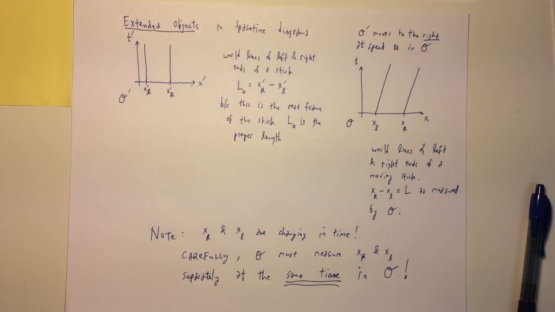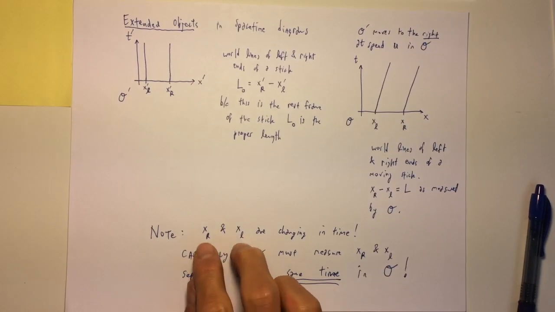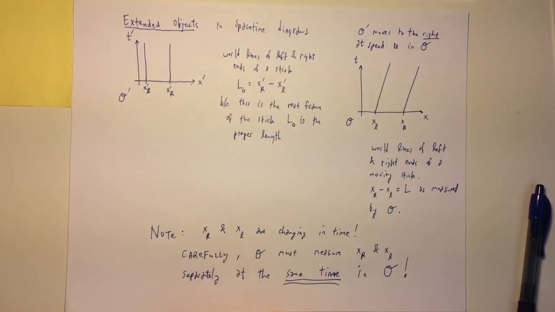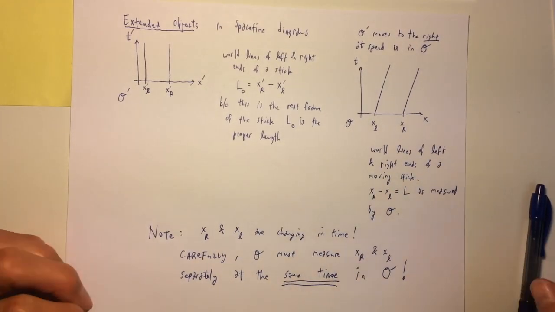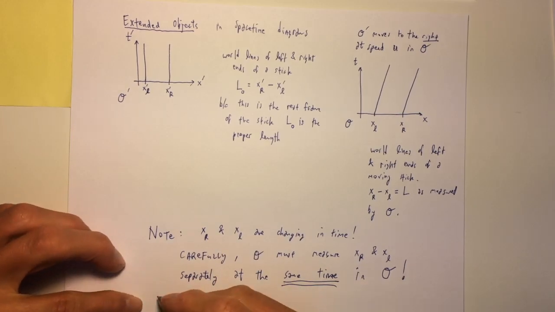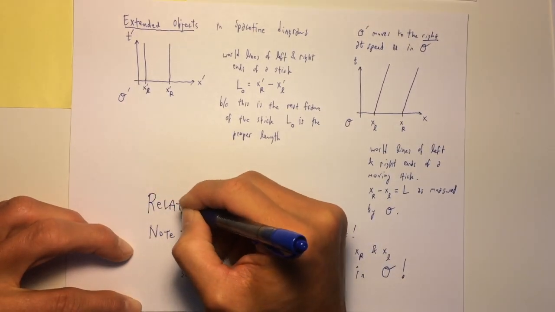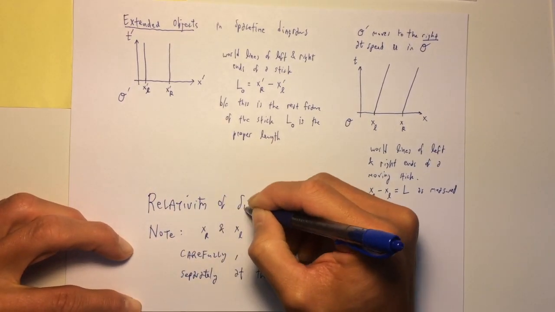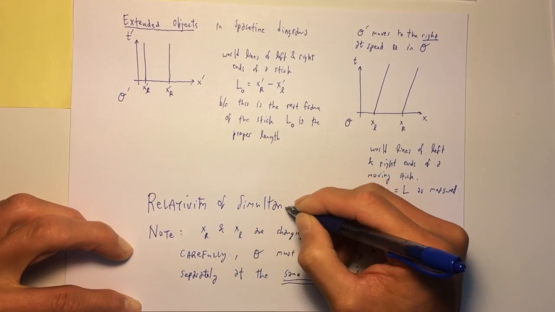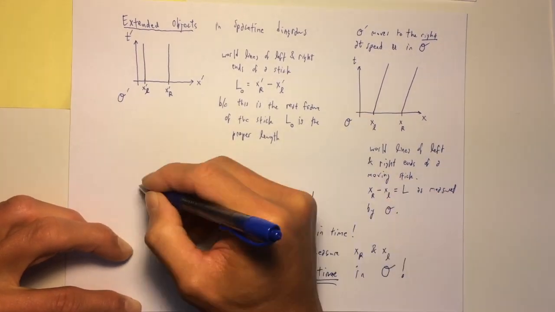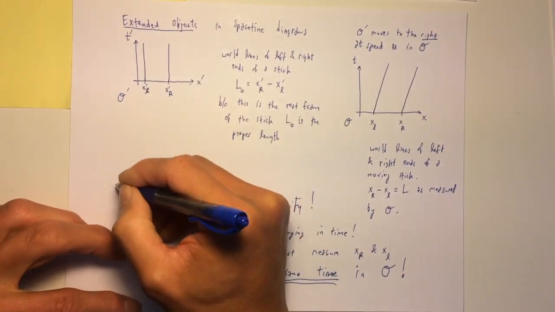You have to be very careful, right? Even in classical relativity, that your xr and your xl are measured at the same time, or at least with that issue in mind, because you could probably back calculate and figure out what the length is, even if you were only able to measure one end at a time or whatever. But this is kind of the point. The reason why this is important is because there is a relativity of simultaneity, right? So this is the caution, cuidado.